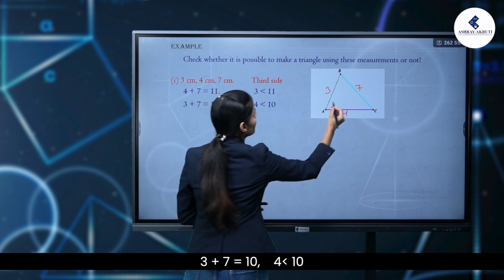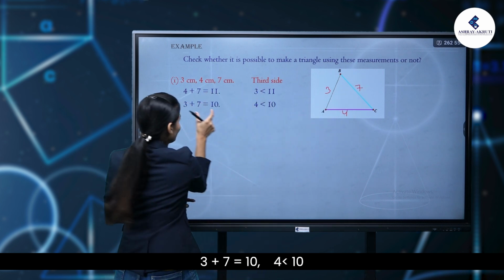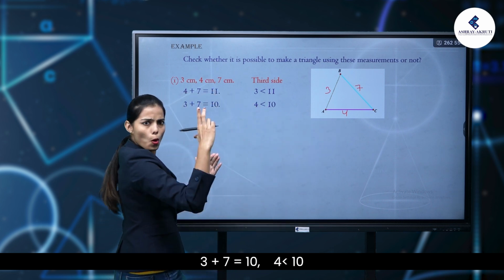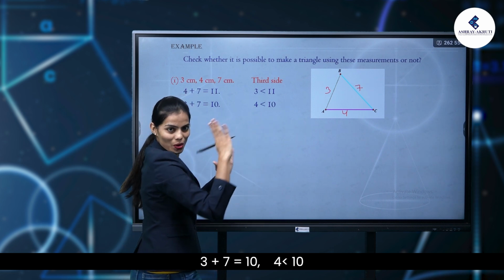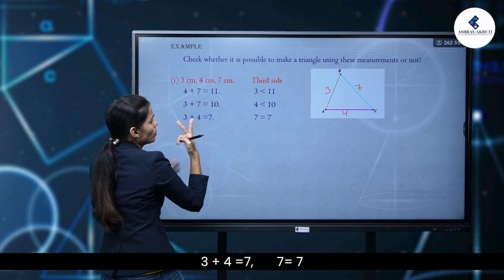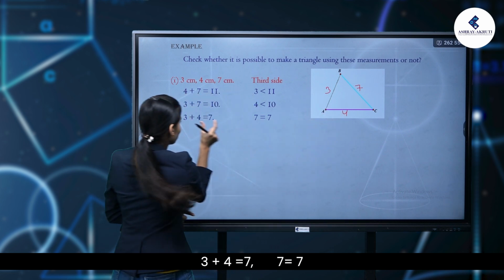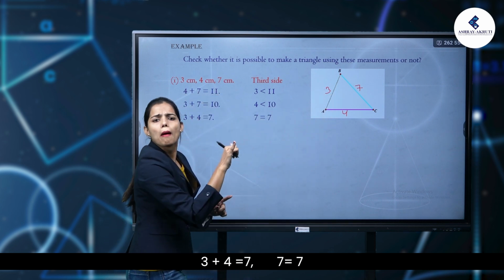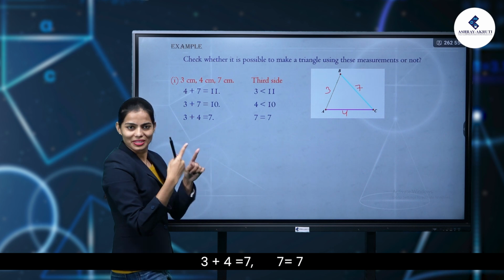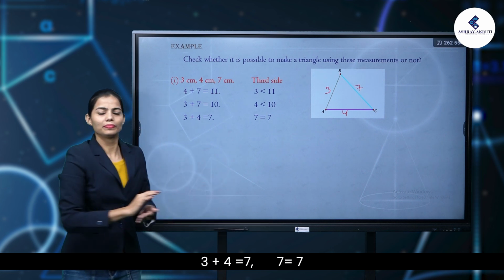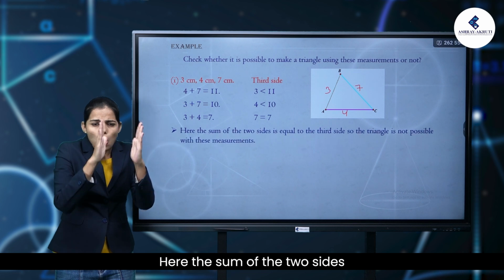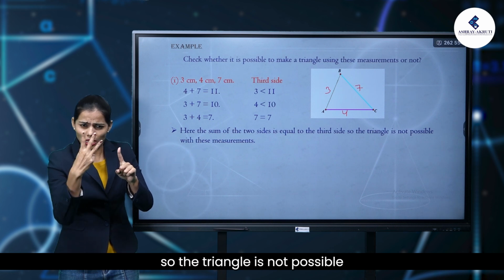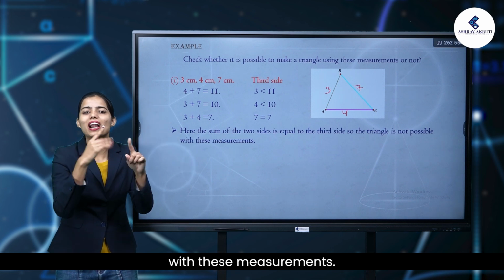Three plus 7 is equal to 10. 4 less than 10. Three plus 4 is equal to 7. 7 is equal to 7. Here, the sum of the two sides is equal to the third side. So, the triangle is not possible with these measurements.